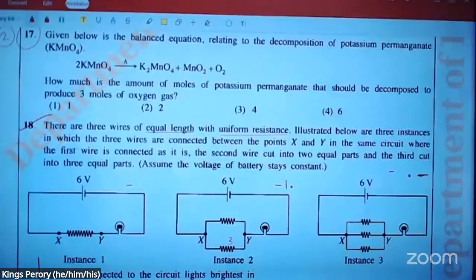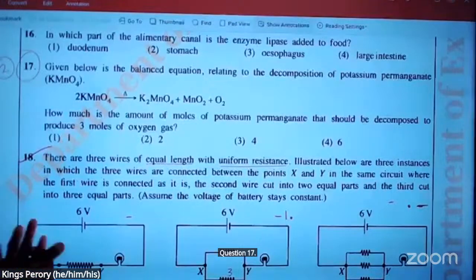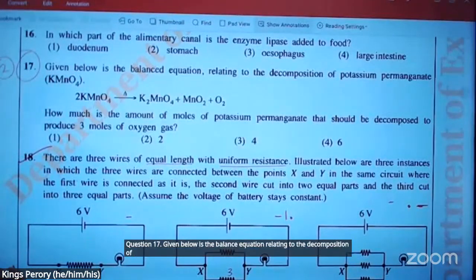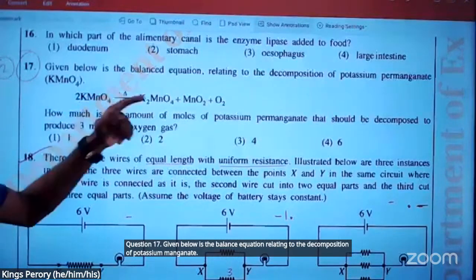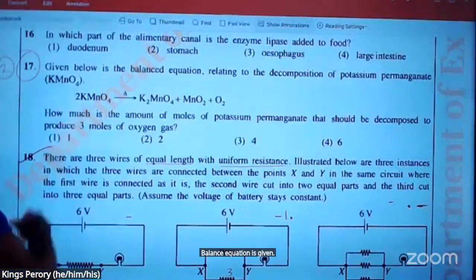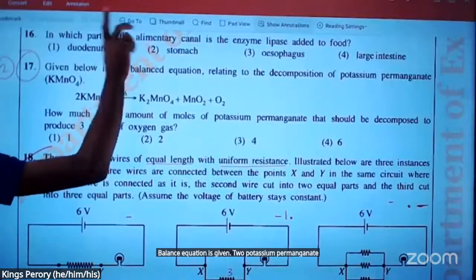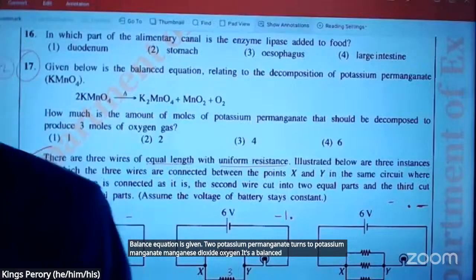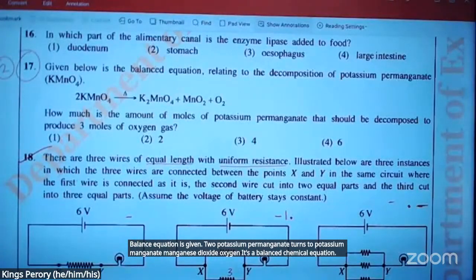Question 17. Given below is the balanced equation relating to the decomposition of potassium permanganate. 2 potassium permanganate turns to potassium manganate, manganese dioxide, and oxygen. Now it's a balanced chemical equation.